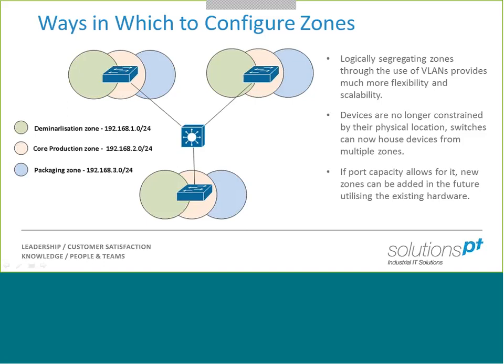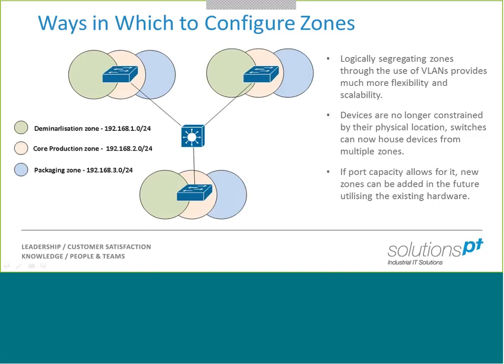So if we wanted to move a device from one location to another, we would just move that to another switch, configure that switch port to be a member of that zone or that VLAN, and that's it. Off we go. Simple as that. So this is obviously the much more efficient, flexible, scalable way for us to configure zones through the use of VLANs, and it is just as secure as the other approach.